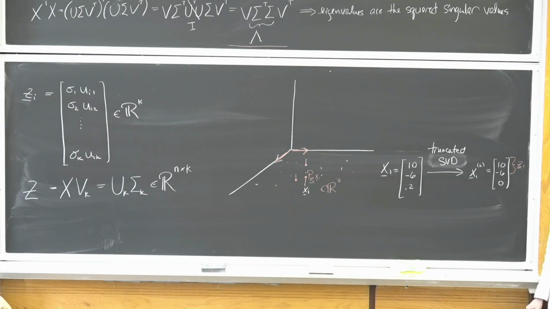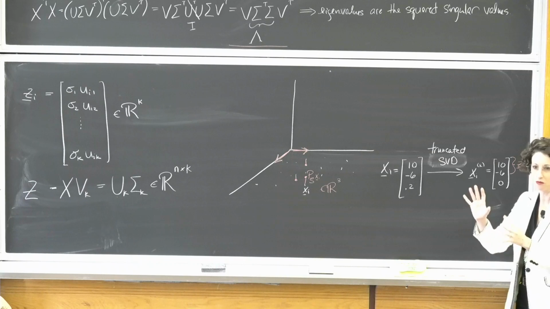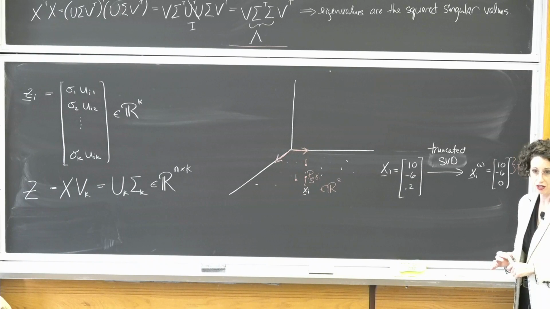Yeah. In this example, you use the coordinates to be the reduced dimension. Does it have to be the coordinates, or can it also be any direction? In general, it would not be the coordinates. In general, the directions that you would find would be some arbitrary rotation.